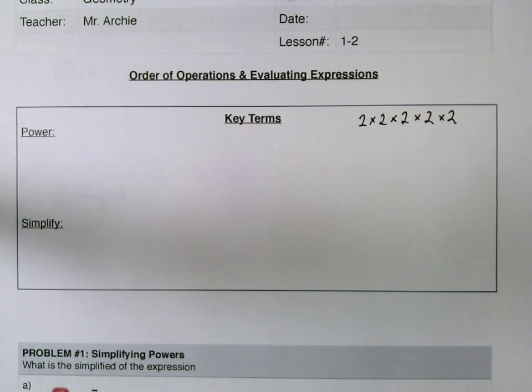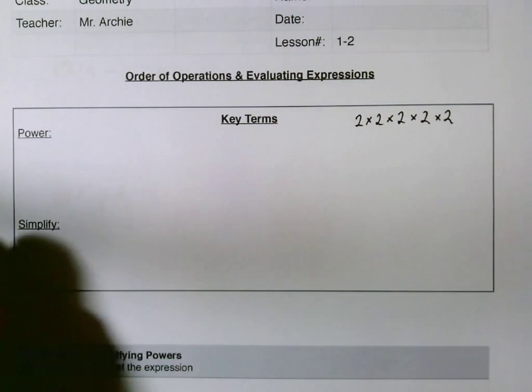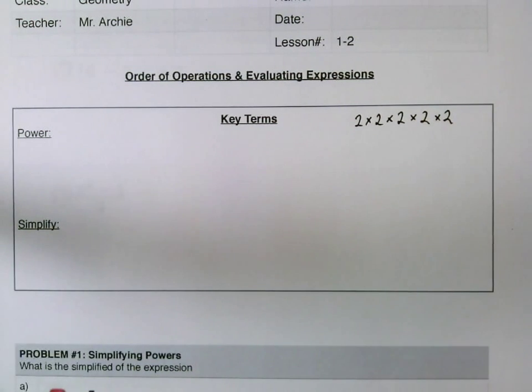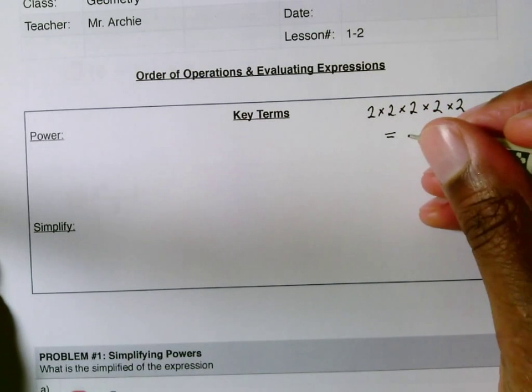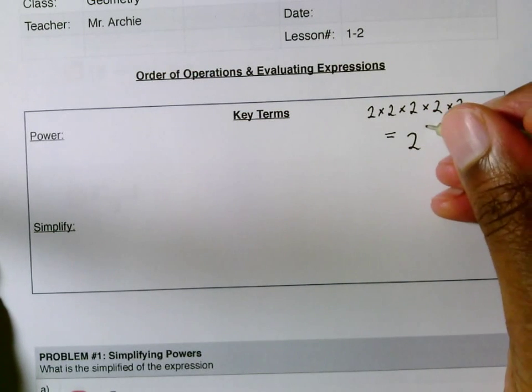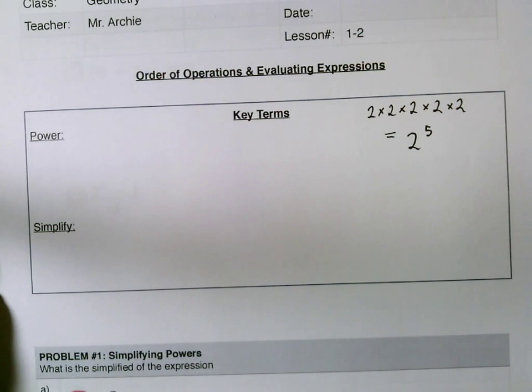A power has 2 parts. It has a base and an exponent. So I'm going to rewrite this as a power, like this: 2 to the 5th power.